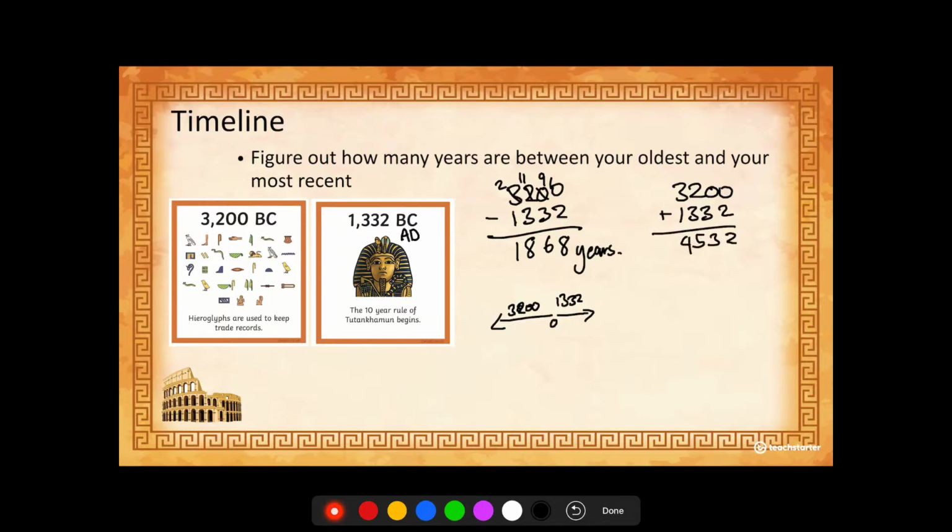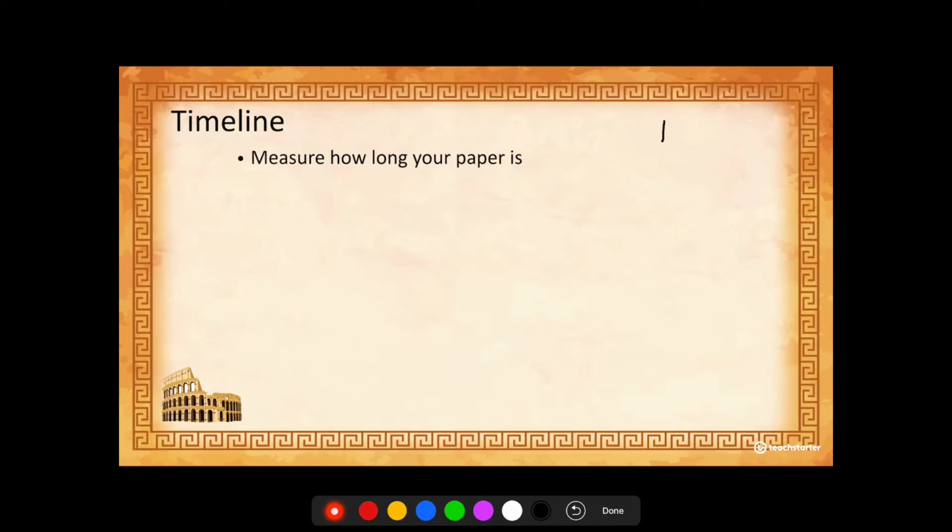And that would be if that was an AD. If both of yours are AD, it's the same as this. You put the bigger one on top and take away the smaller one. Okay? So this is my number of years. 1,868 years. I'm just going to remember that.